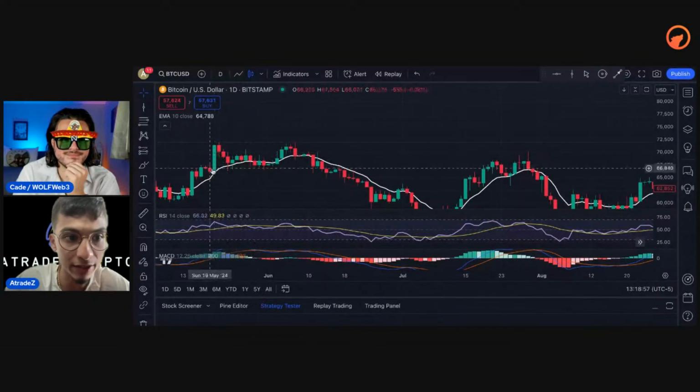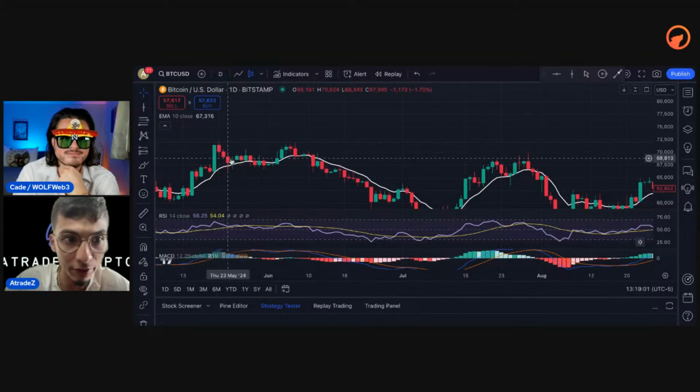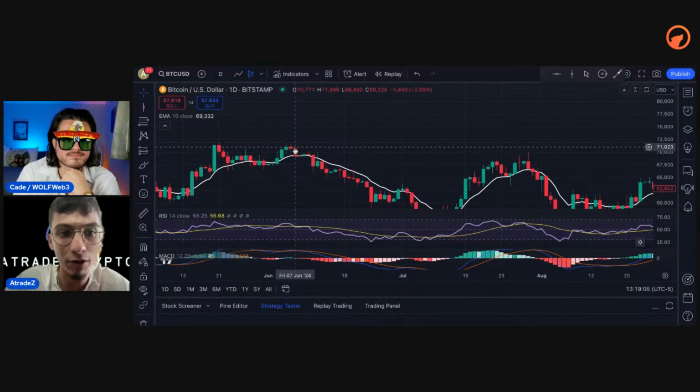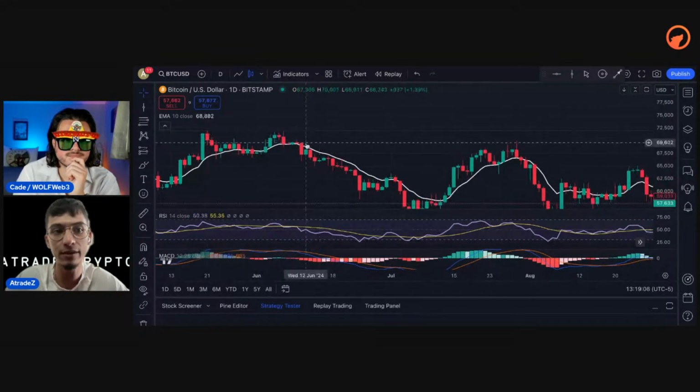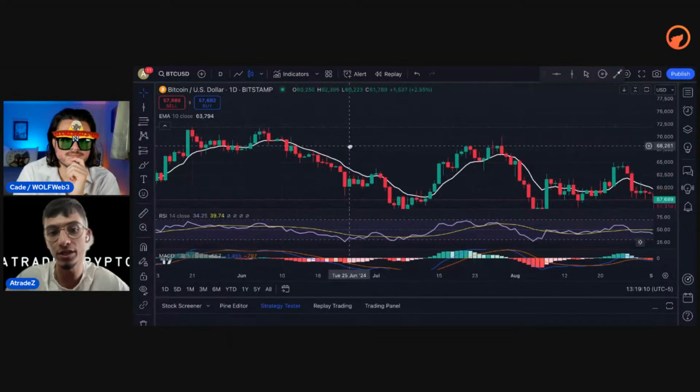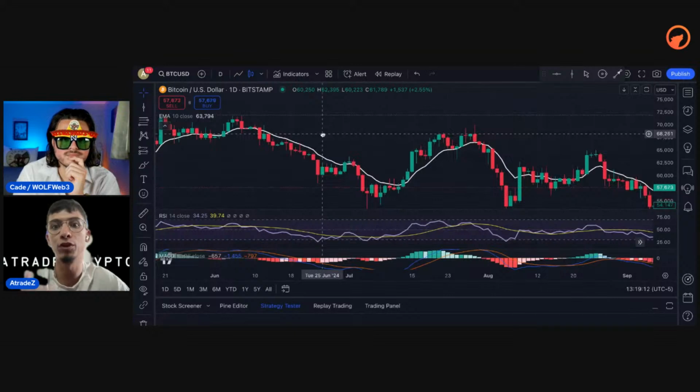But as you got this big pump, this candle here, you might have wanted to, okay, maybe we get another one right here. As you see it kind of skidding up and down on the line, you want to be cautious, because remember, the 10 EMA on the daily is going to essentially direct the price action going forward, at least for a few days.